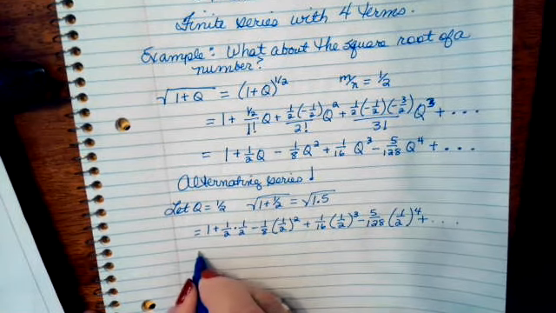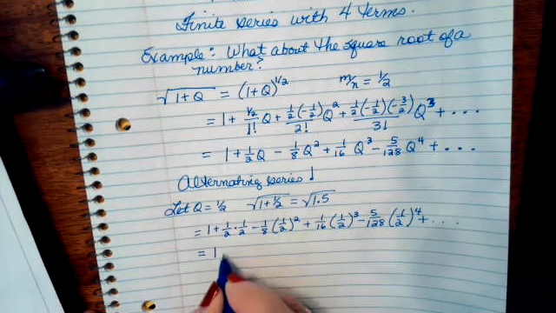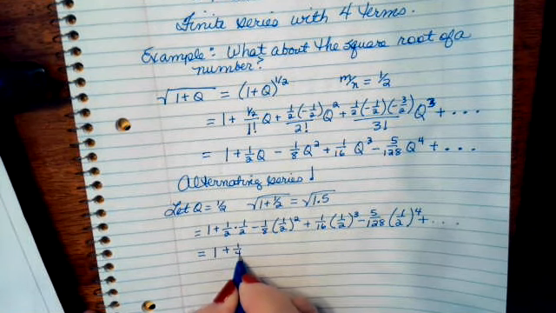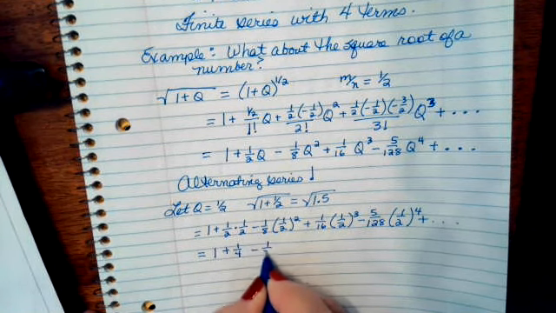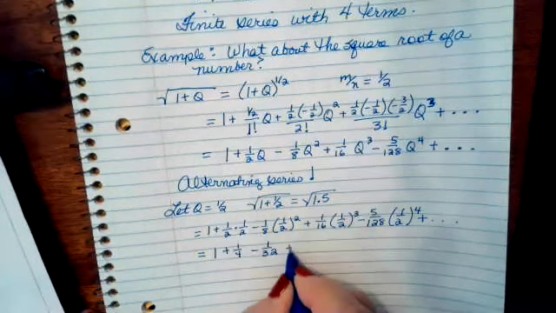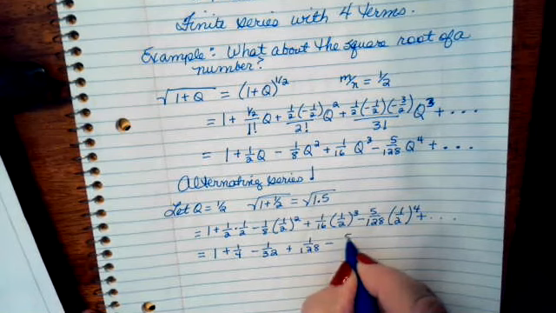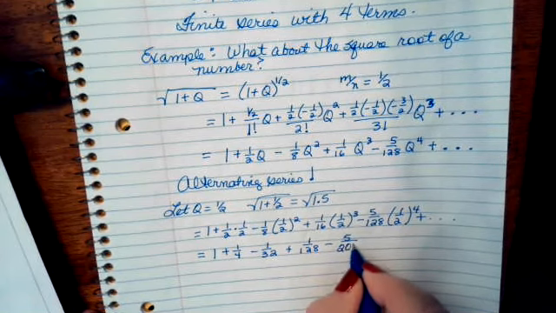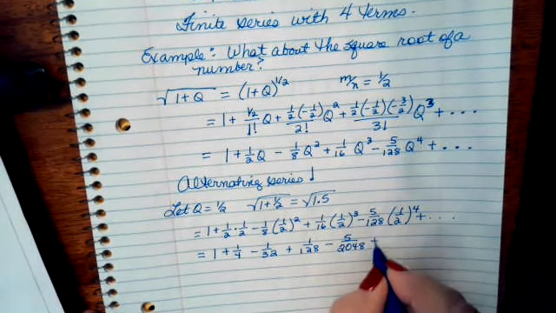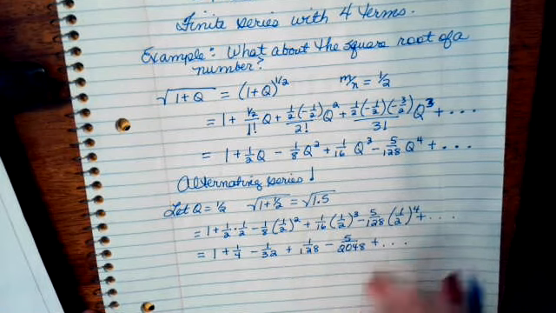And I've done the arithmetic. That's 1 plus a fourth minus 1 over 32 plus 1 over 128 minus 5 over 2048.